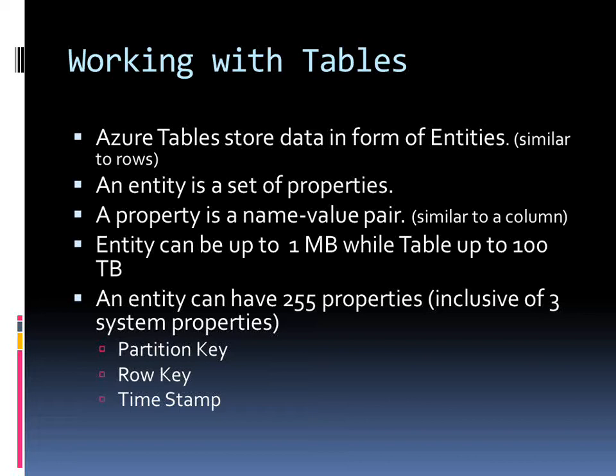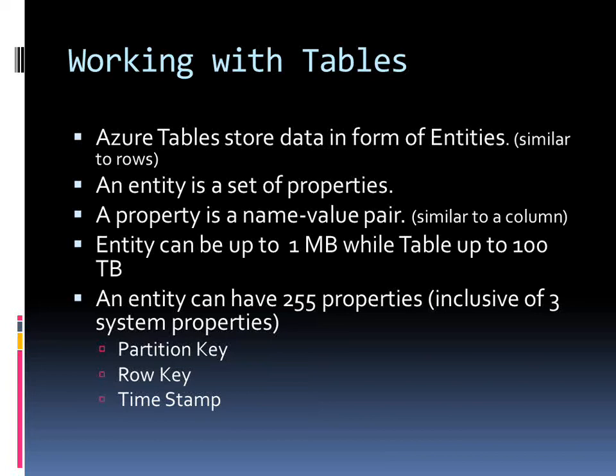So when I say the data in Windows Azure is stored in the form of entities, you can compare that to rows in an RDBMS. So you have multiple entities in the table the way you have multiple rows in an RDBMS table. Every entity is a set of properties. A property is a key value pair, and that's where I can draw some parallelism to columns.